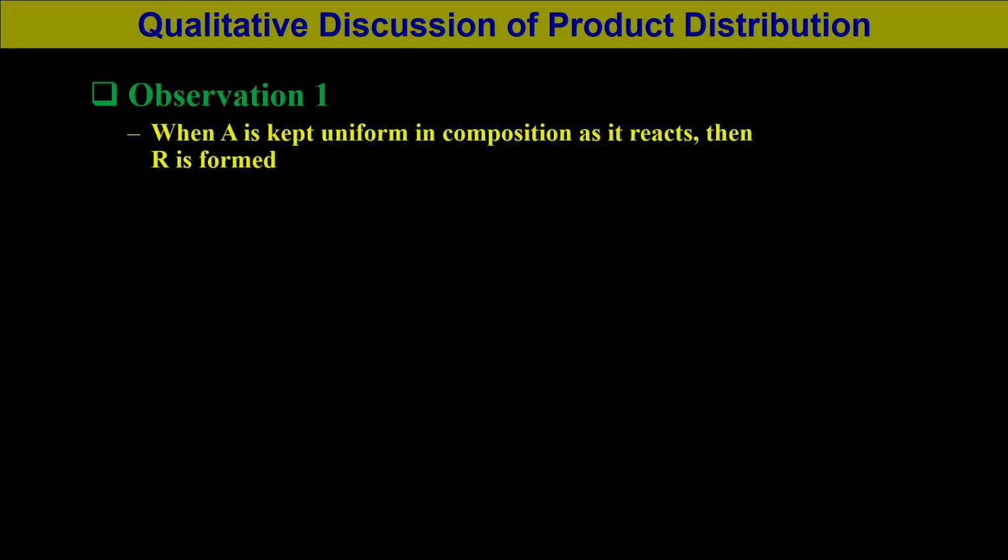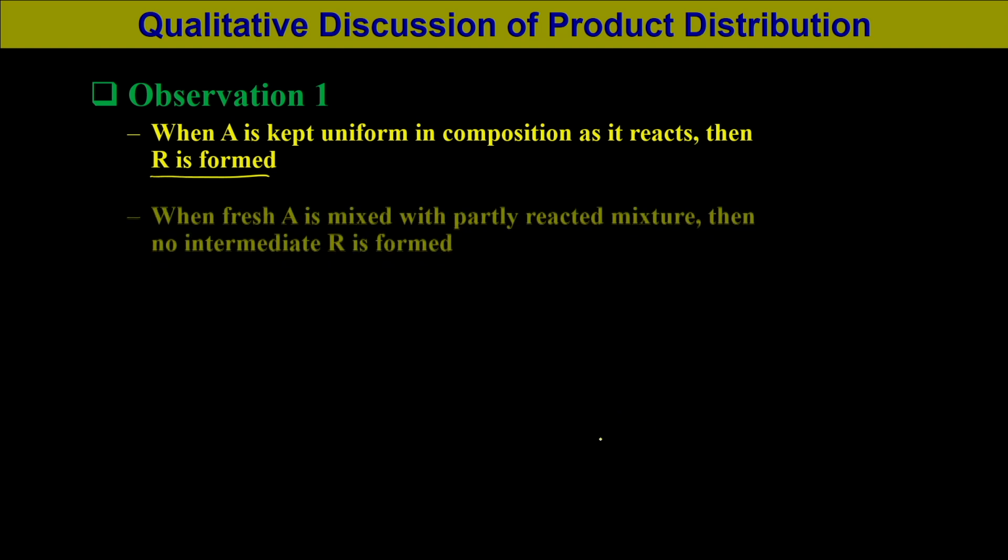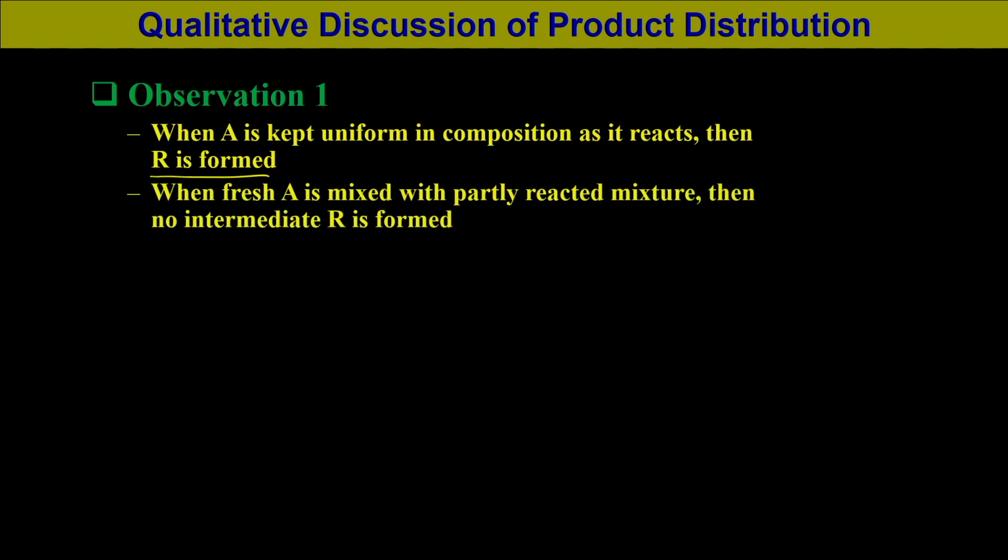Now, from this qualitative discussion, we have two major observations. Observation 1: when A is kept uniform in composition as it reacts, then R is formed. So, we can see the intermediate R is formed, and when fresh A is mixed with a partly reacted mixture, then no intermediate R is formed, which is the first case we have discussed.